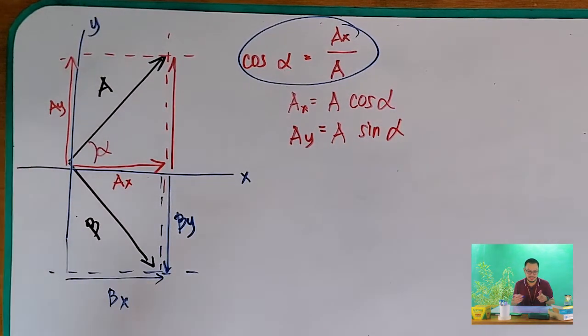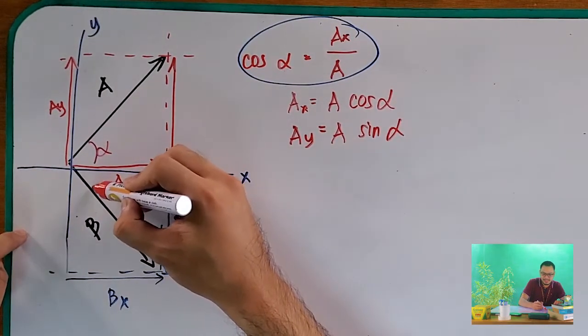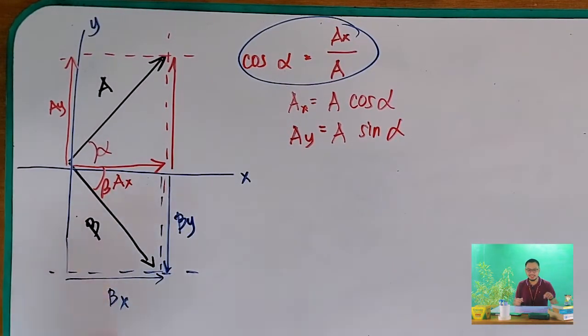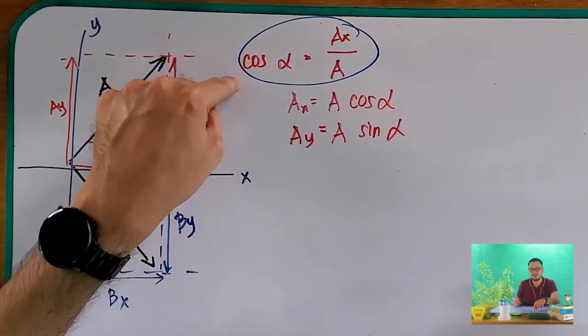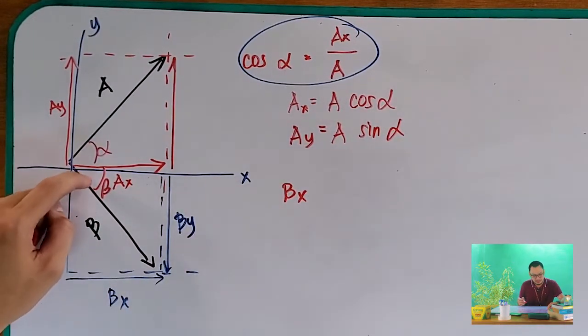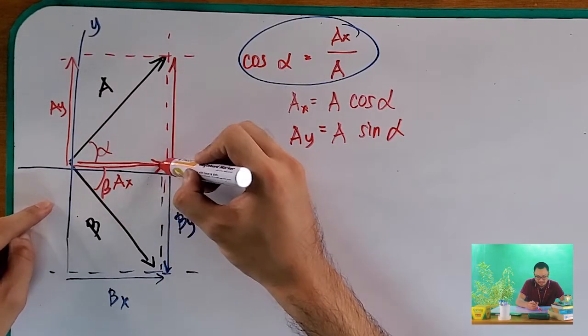Namali ra na ako butang ang mga arrows pero anyways. So, to get your BX, given that this angle is beta, unsa man na siya? So, diretso na ta, nataaning cosine. So, BX is equal to... X kay pareha na mag-length ani, di ba?